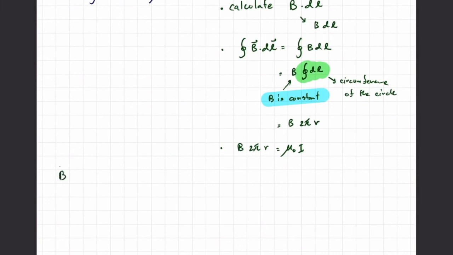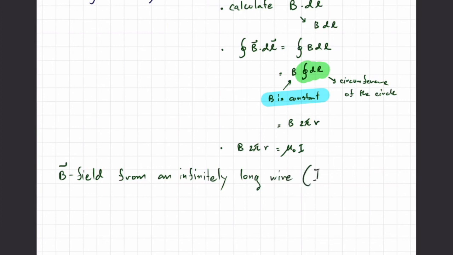So the B field, the magnetic field from an infinitely long wire that is carrying a current of I is given by, so the magnitude is given by mu 0 I divided by 2 pi r.